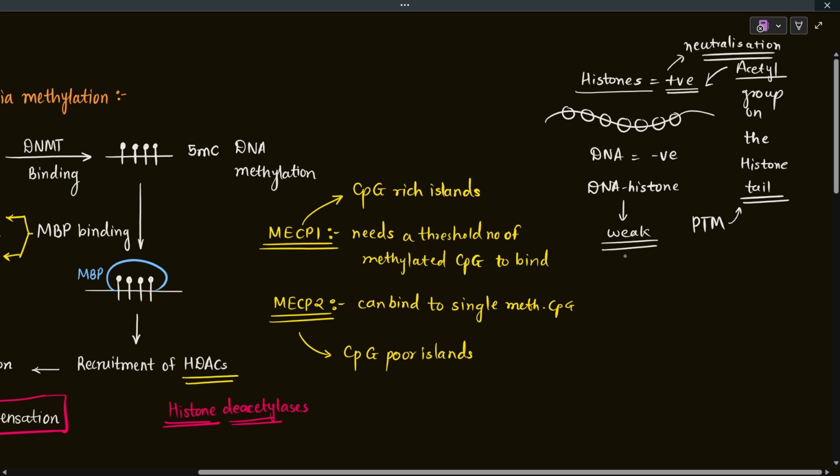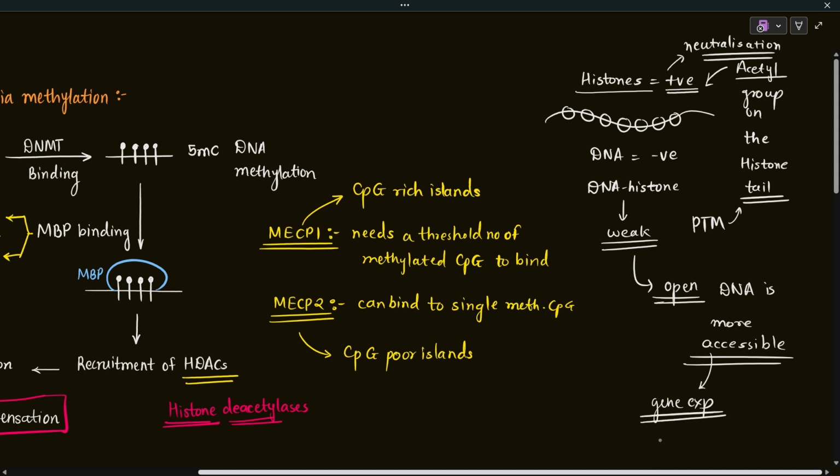Because this interaction becomes weak, the chromatin conformation becomes open. Due to open configuration of the chromatin, now the DNA is more accessible, right?